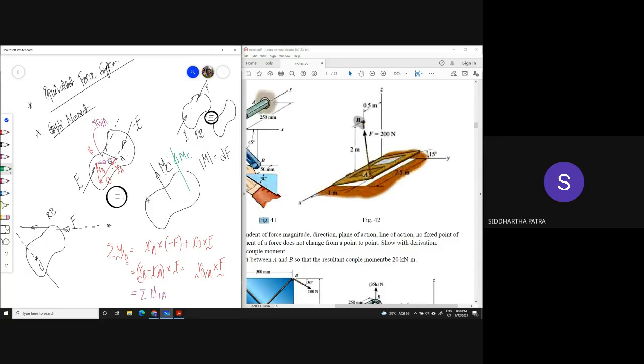I can choose any set of parallel lines. And that's what makes this couple moment a free vector. That is the true meaning of the word free vector. It means it has no fixed line of action. Even a force on a rigid body has a fixed line of action, but not a fixed point of application. But the moment is completely free. The line of action can be shown anywhere.